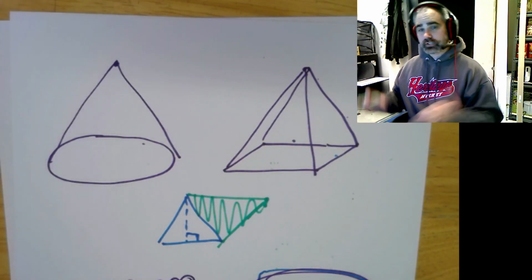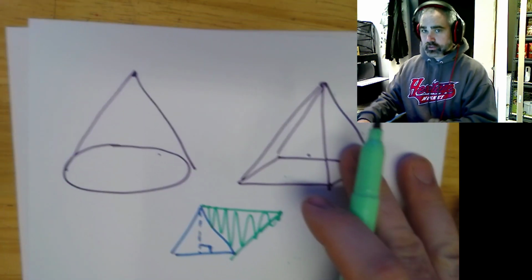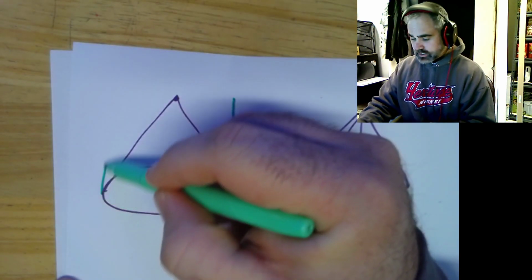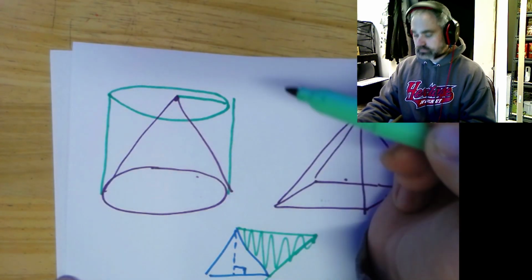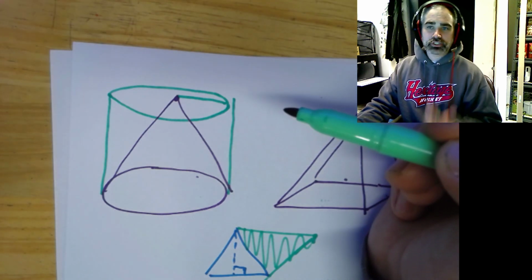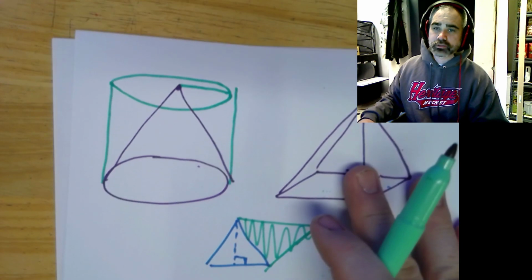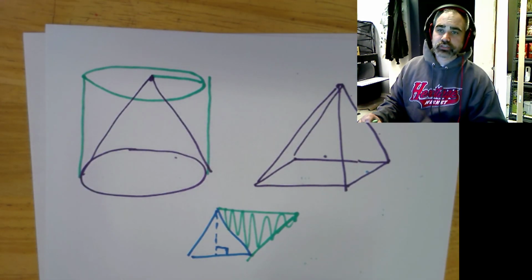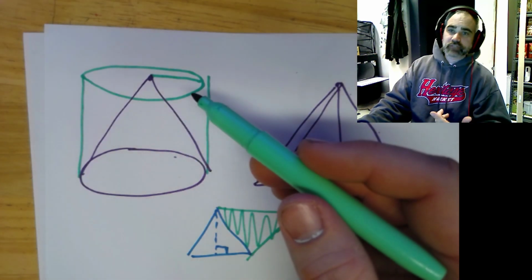Okay, now the question is, with a thing like a cone, it looks like it could be sort of based on a cylinder like we just did. The question is, how much of the cylinder is it? Now, if we had an opportunity to actually be in class, I have some cool plastic see-through ones, and we could actually measure how many cones would fit into the same size cylinder.